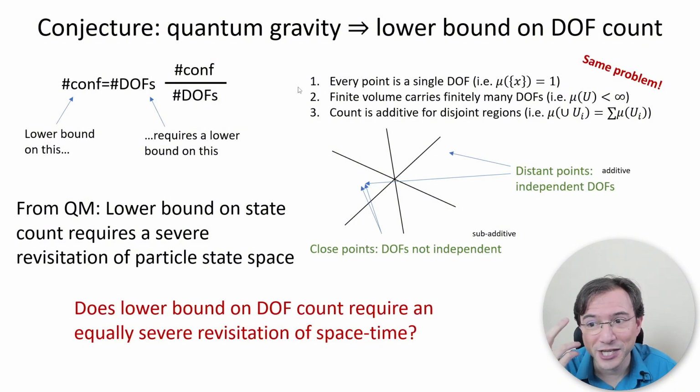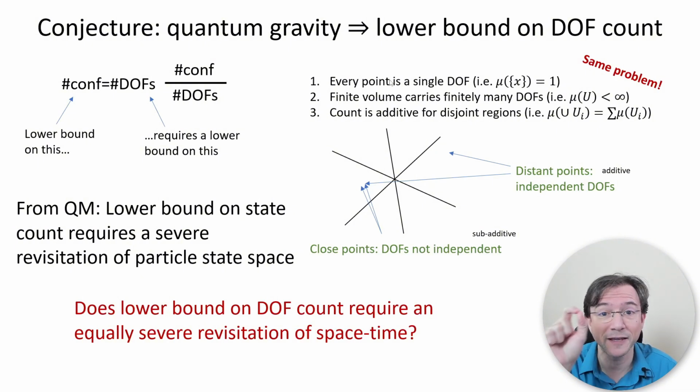And so the conjecture is whether quantum gravity is really putting a lower bound on the count of degrees of freedom in the same way that quantum mechanics puts a lower bound on the count of configurations per degree of freedom, on the count per state. And as I said, this is going to be exactly the same problem. We would like every point in space for a field theory to count as a single degree of freedom.